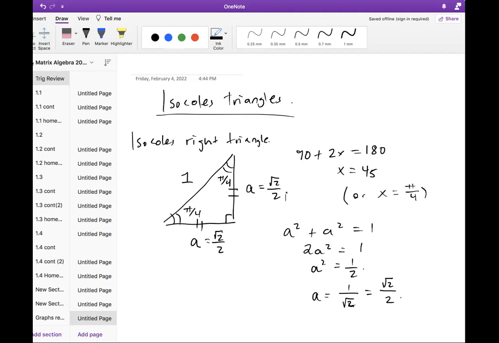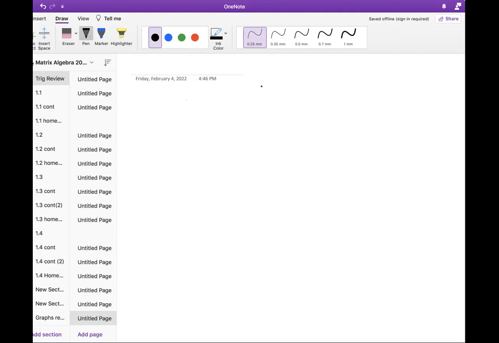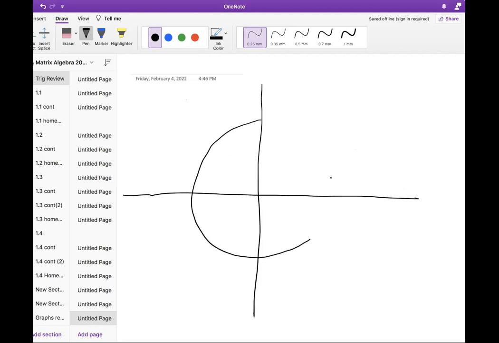So let's use this in a circle. So here's a ray with angle 45. And at this point, let's drop down a perpendicular. If this angle is 45, this angle must also be 45, since this is a right triangle.